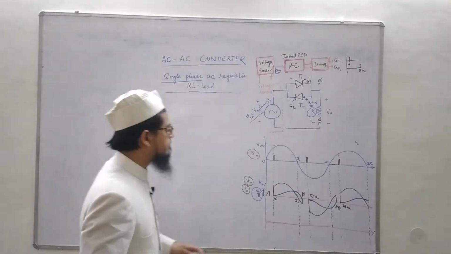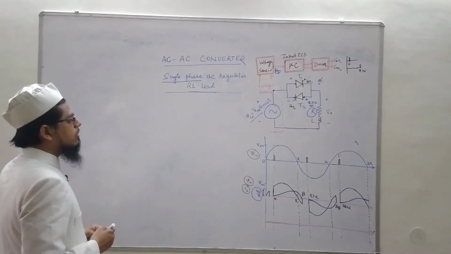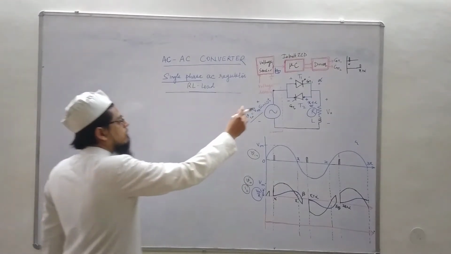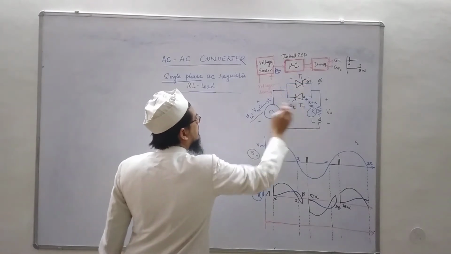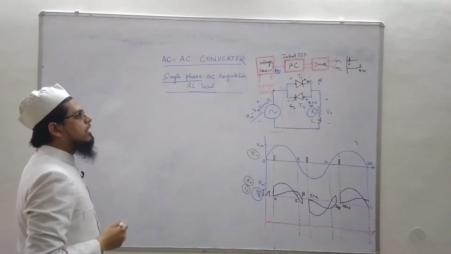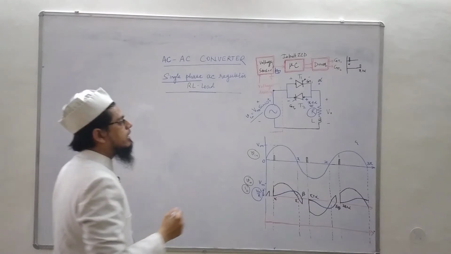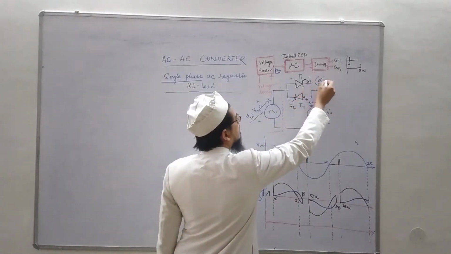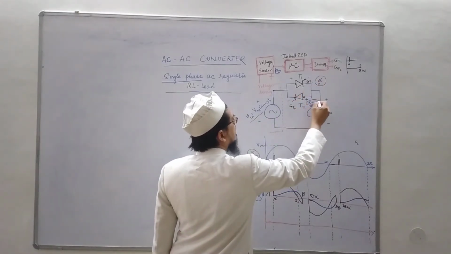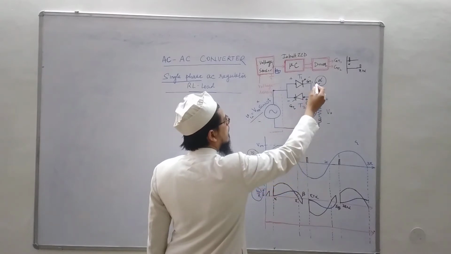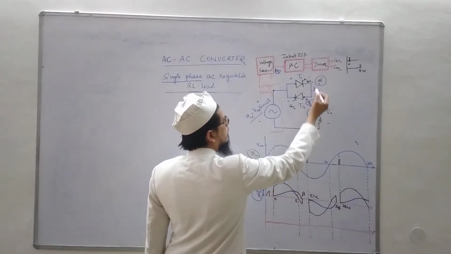So let us see. We have got thyristor T1 and T2, and they are fired at angle alpha and pi plus alpha respectively.